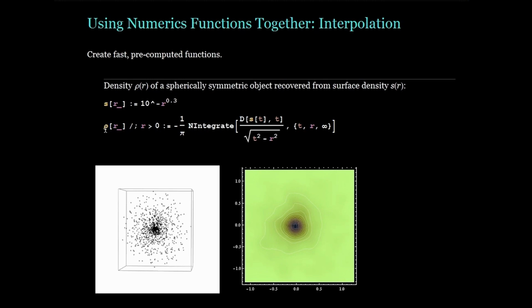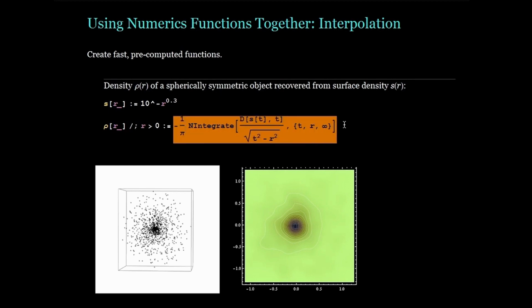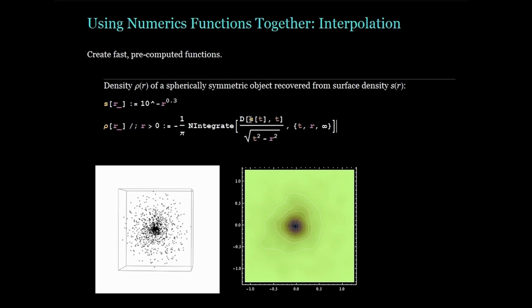Then the density of the object as a function of r, the distance from the center of the object, is given by this well-known deprojection integral, where the function s is the surface density or surface brightness. That's what we are seeing in this plot.